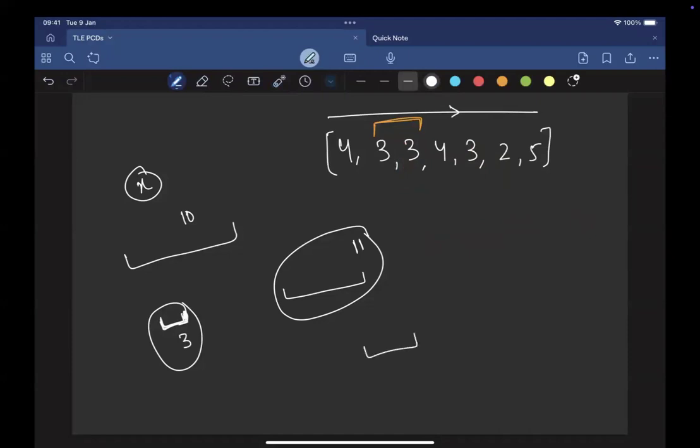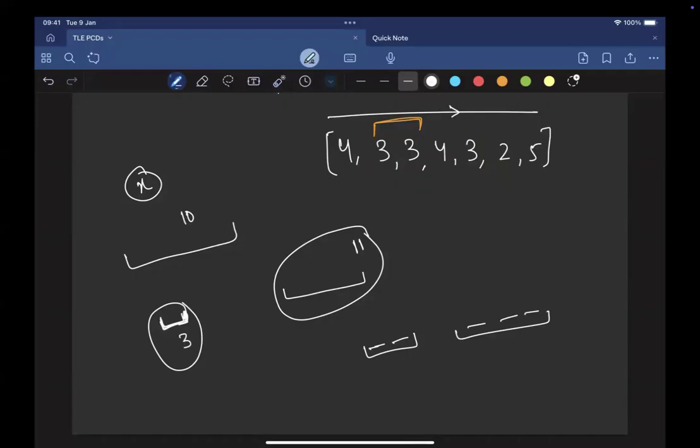If I find these two people equal or these two people equal, then in that case, I will consider that I have found my first array with a majority element.